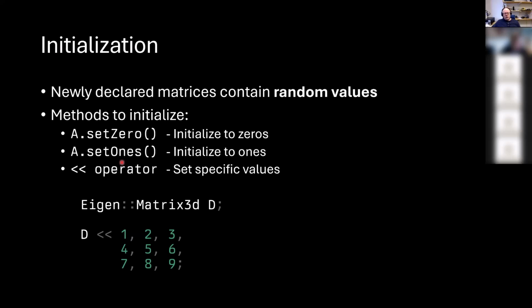The only difference here is that you don't use the stream operator between every value. You use commas instead. So in this case here in D, you have D, stream operator, and then 1, 2, 3, 4, 5, 6, and so on. That will assign all the values of the 3 by 3 double matrix here.